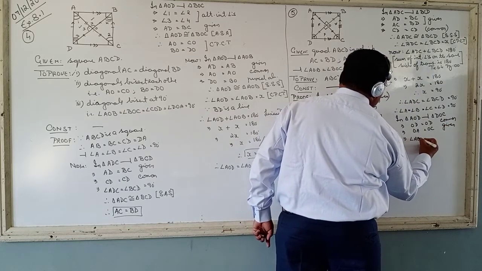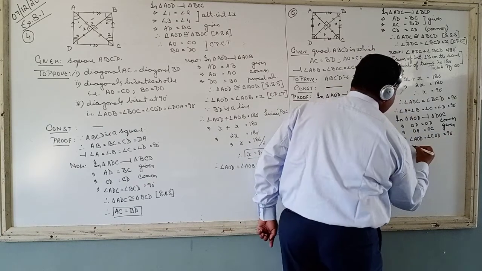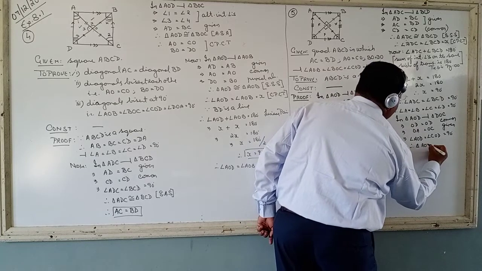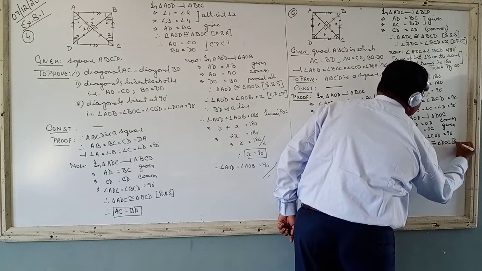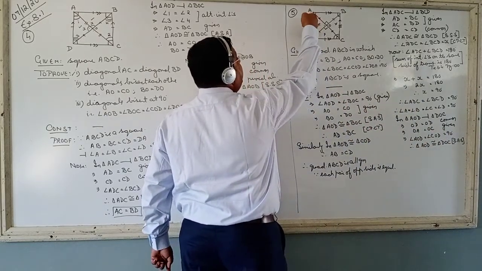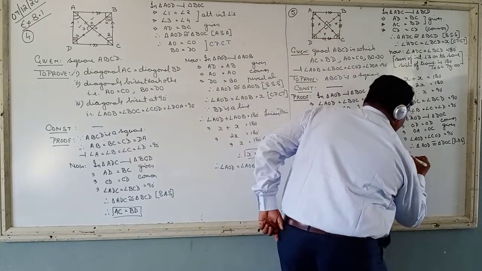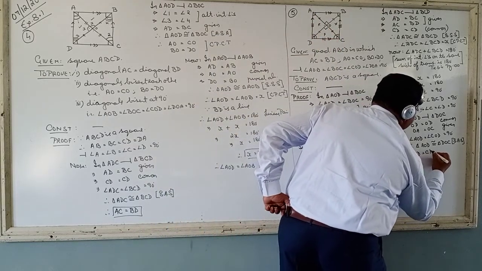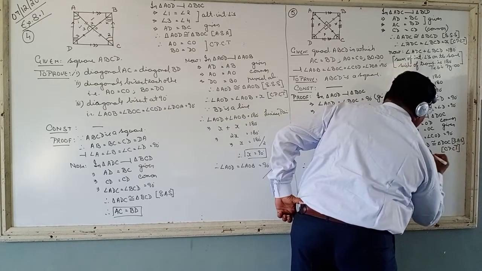And angle AOD equals angle COD equals 90. So therefore, triangle AOD is congruent to triangle DOC by what congruency? SAS. And if these two are congruent, is this side AD equal to CD? So therefore, AD is equal to CD, reason: CPCT.